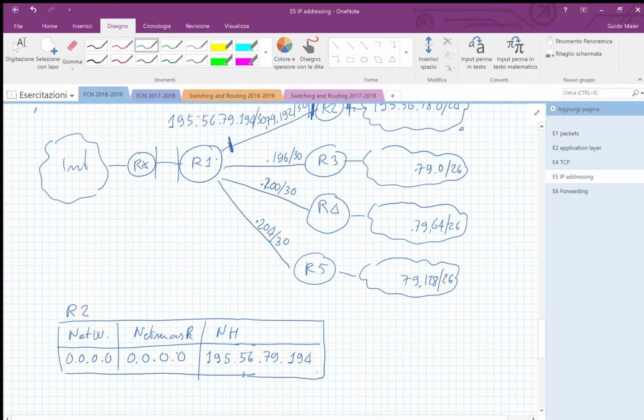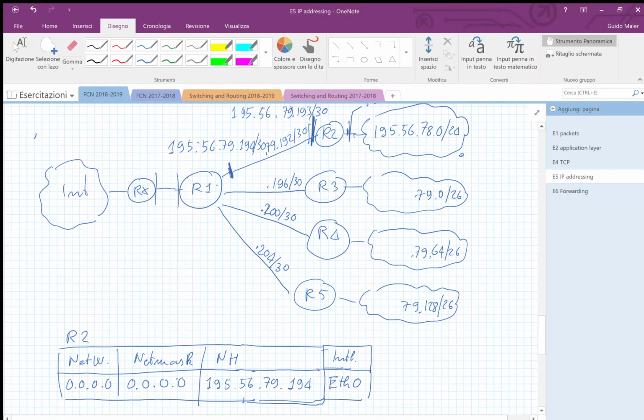Actually, here this will be translated into the output interface, that is the physical interface, usually. Say ATH0, where ATH0 is this output interface.